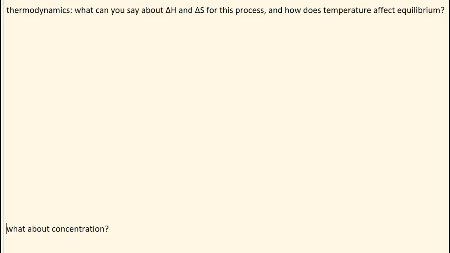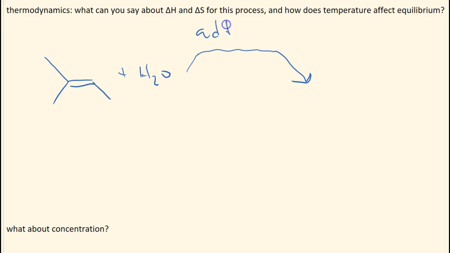Now we're going to look at the thermodynamics of acid catalyzed hydration. So on the left-hand side, we will have our alkene and water. And if we do the addition reaction, our product will be tertiary alcohol.